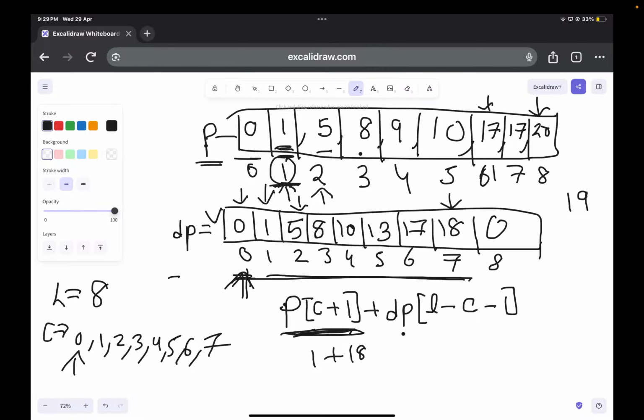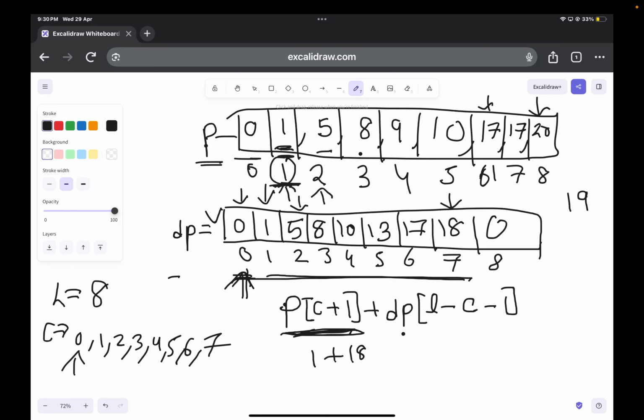So 1 plus dp of L. What is L? L is 8. 8 minus 0 is 8. 8 minus 1 is 7. So 18. Is it 18, guys? Check it out once. For 7 I'm doubting it is 18.